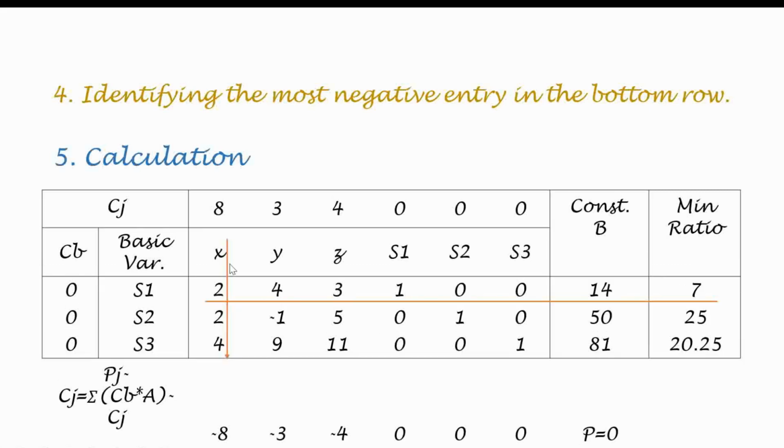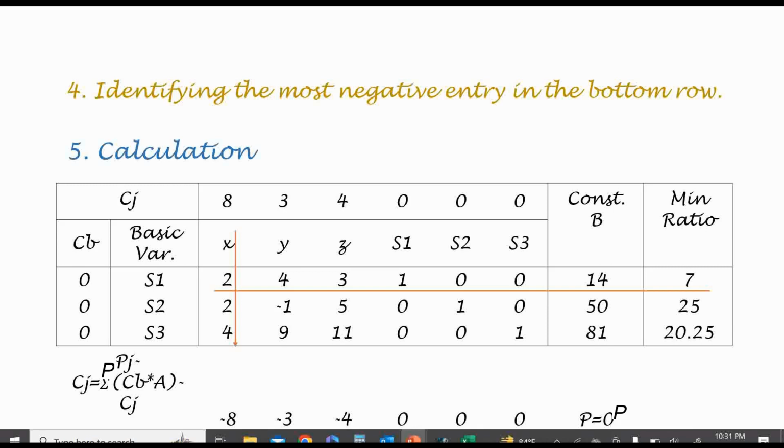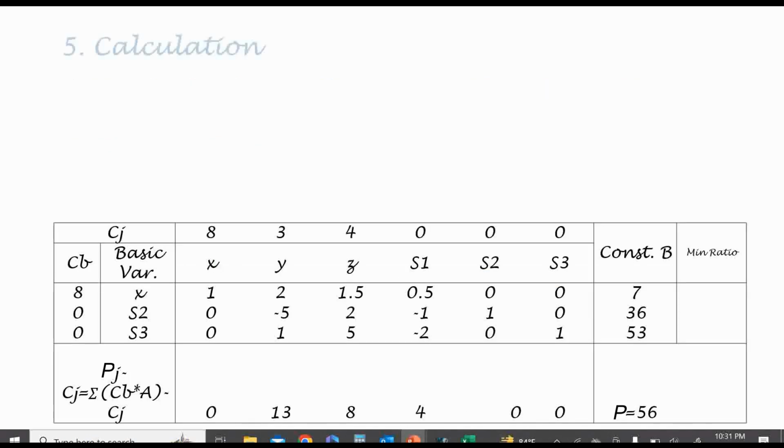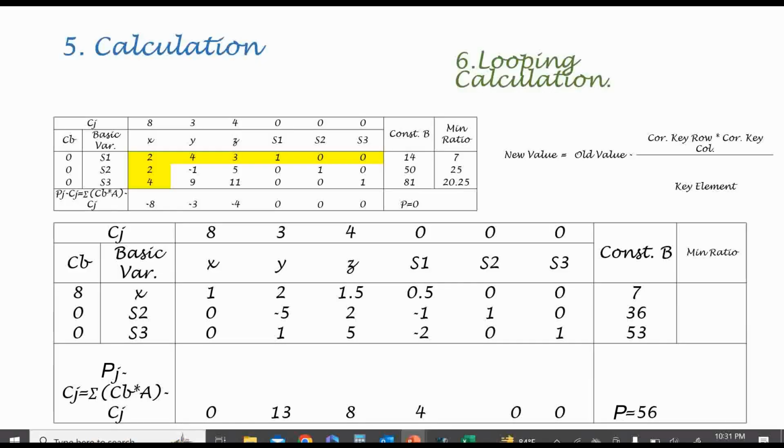So now we separate our key column and our key row. So now let us move on to our next slide, where we will calculate and again calculate to find out our optimum value. Okay. Now this was our last tableau, and this is a new rule to find out our new value.